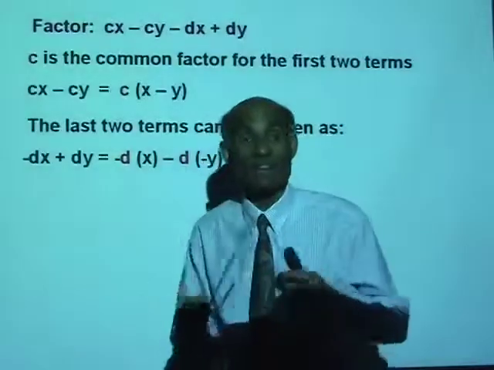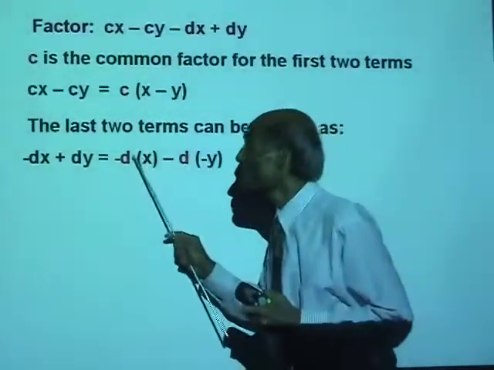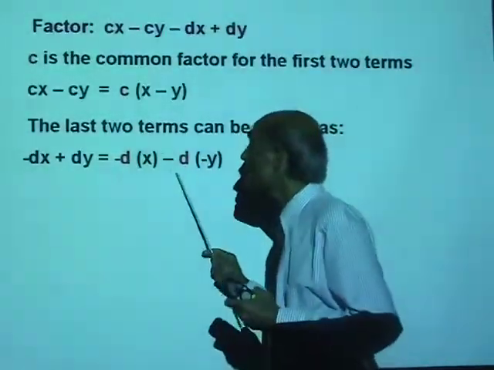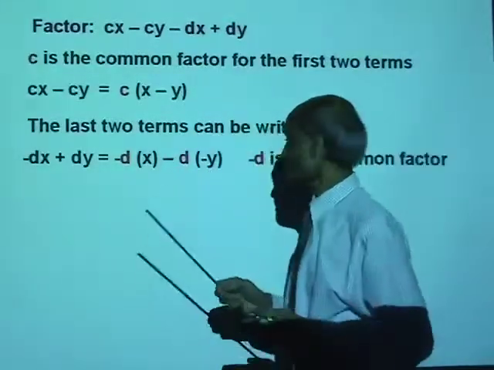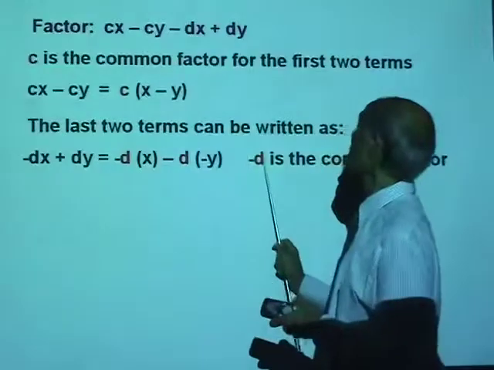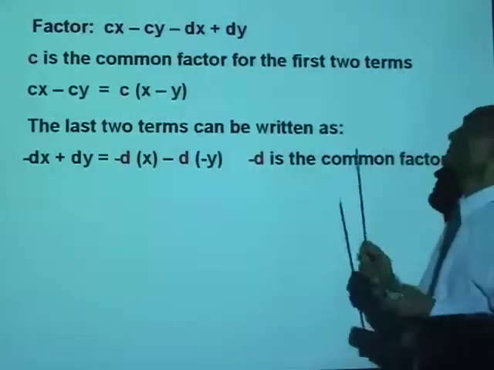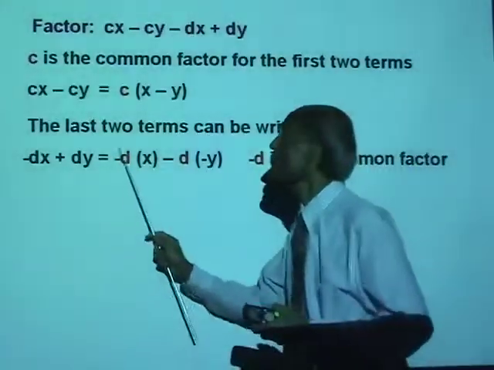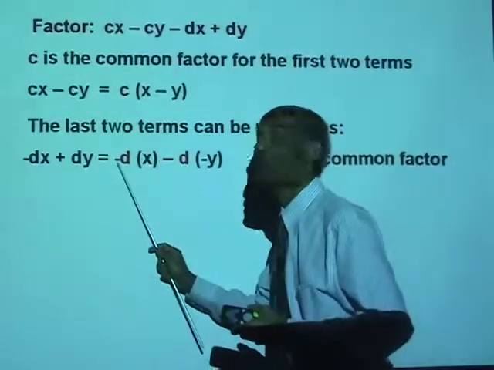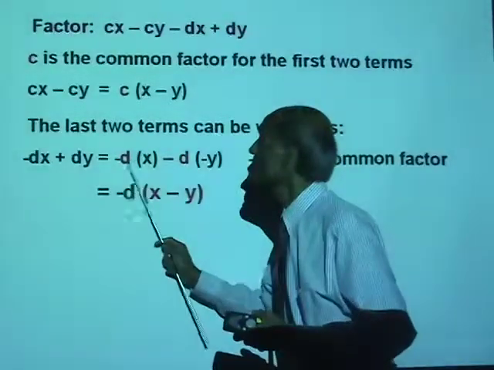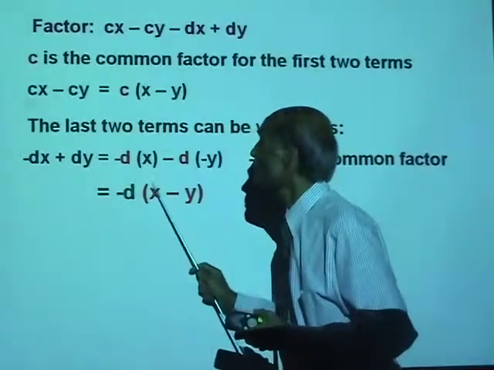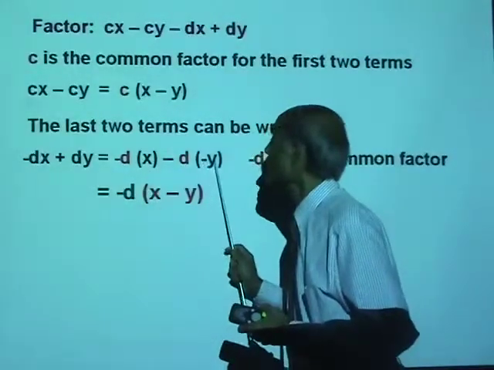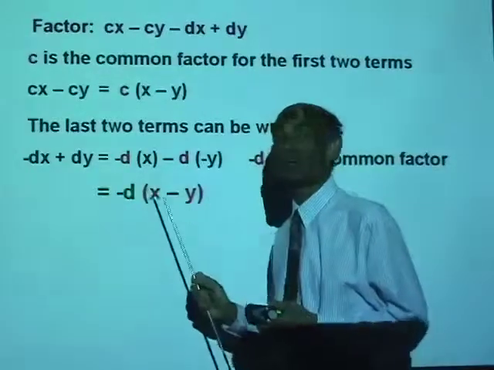Why did we write like that? So that we now have negative d as the common factor. Can you factor out negative d from here? Negative d comes out, leaving an x in the first term and a minus y in the second term.